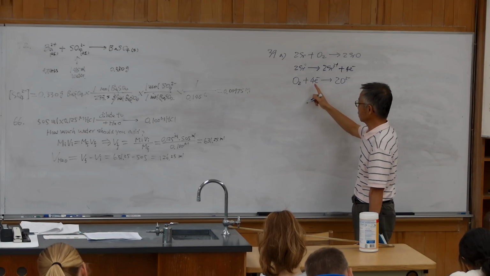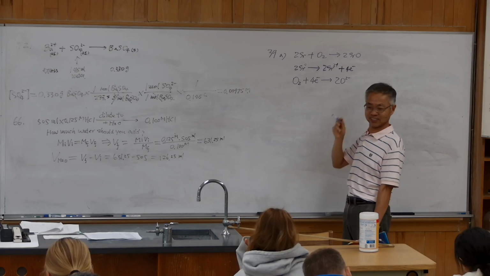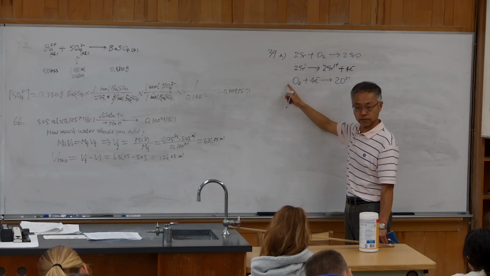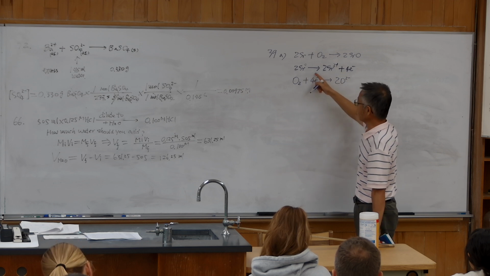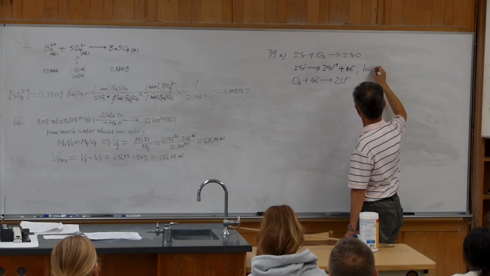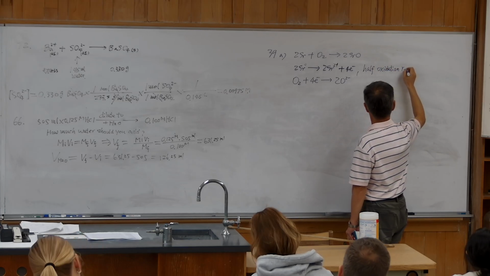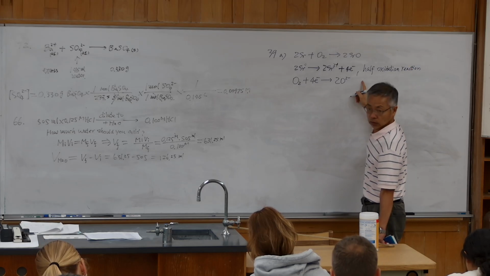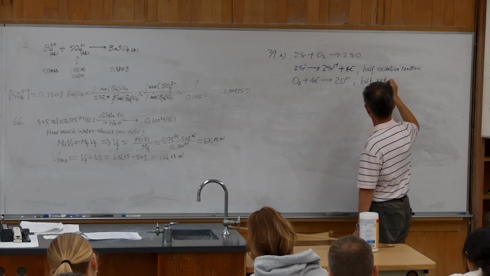So 2 oxygen gain 4 electrons and become 2 O2 minus. Okay, so these are the half reactions. Losing electrons we call the half oxidation reaction. Gaining electrons we call the half reduction reaction.